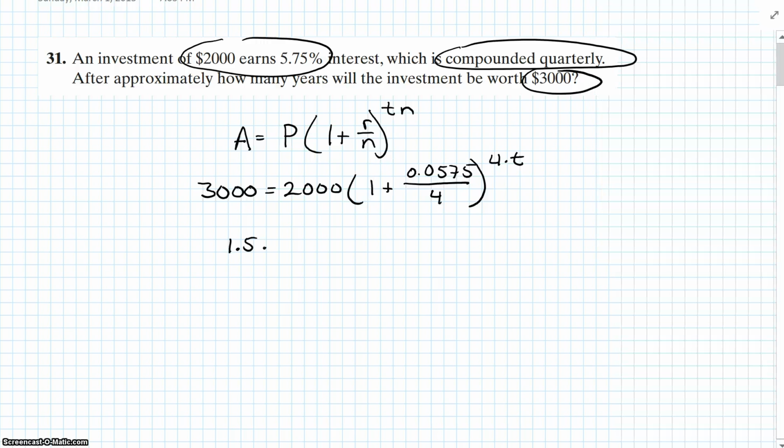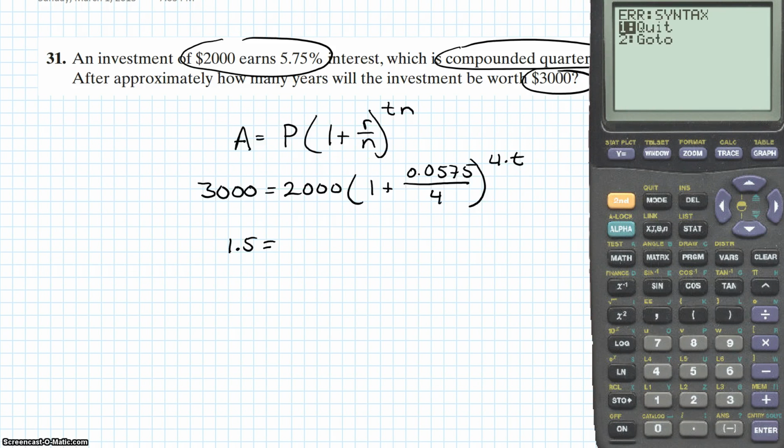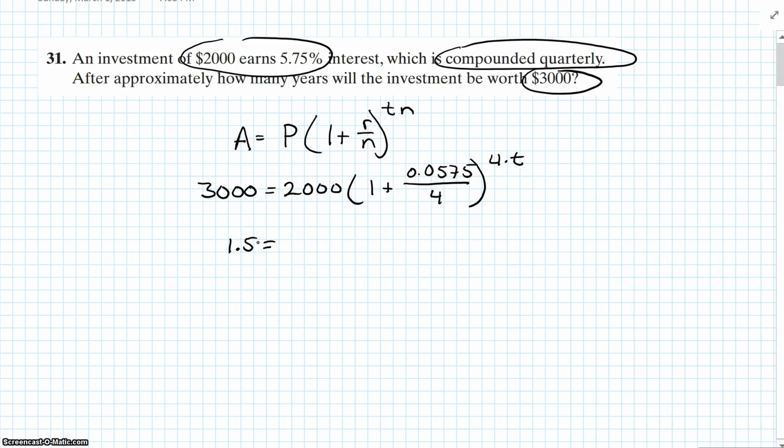So 1.5 equals, let's find out what that parenthesis is, 0.0575 divided by 4, which is 0.014375. So 1.5 equals 1.014375 to the 4t power.